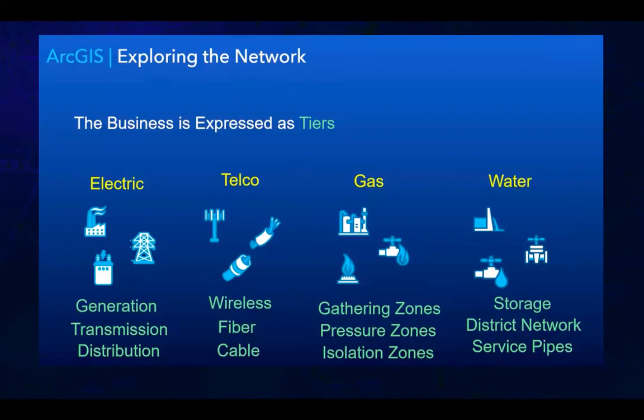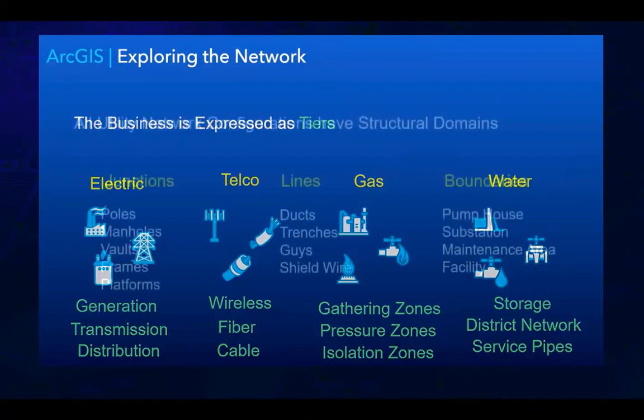All of these different tiers have different schemas, different business drivers. That's what the tiers enable us to do, to cluster this information at the network level and be able to apply certain characteristics of the feeders or circuits based upon the business.